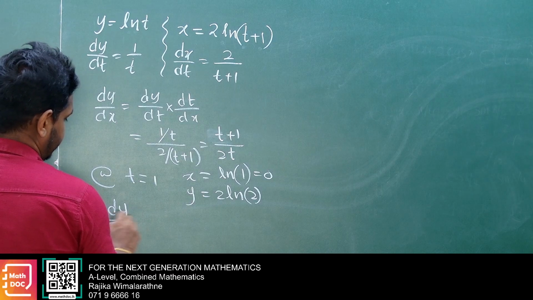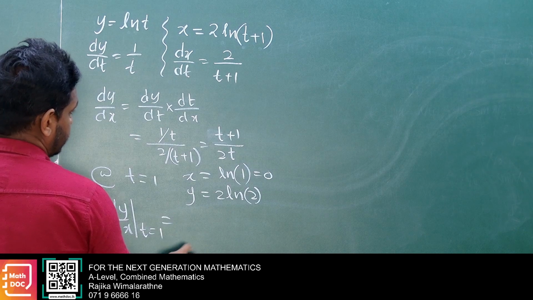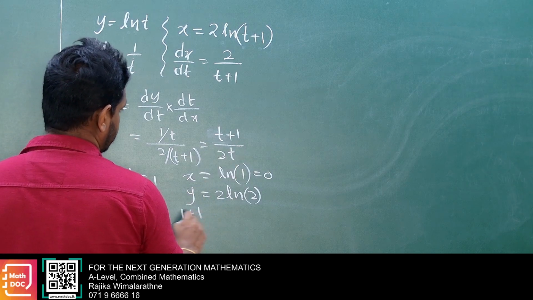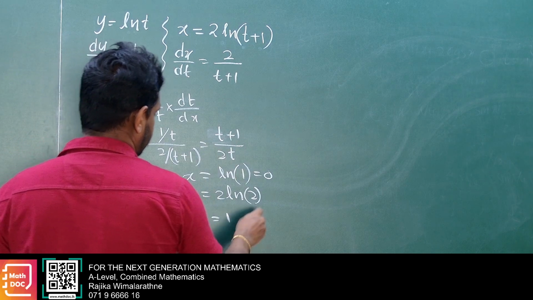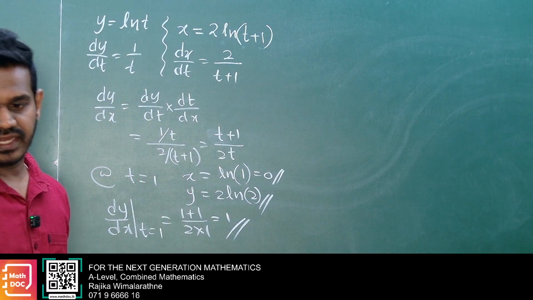Then dy over dx at t equals 1 is (1 plus 1) over (2 times 1), which is 1. The x coordinate is 0, the y coordinate is 2 ln 2, no need to simplify.